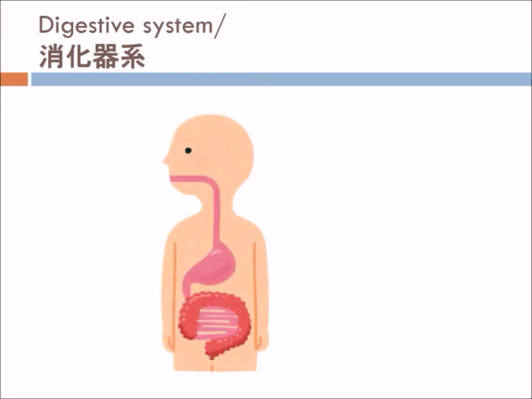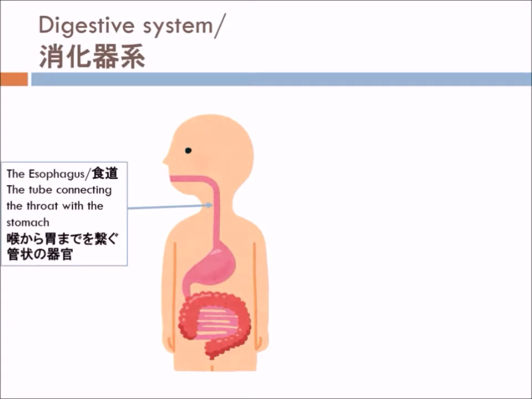Digestive system. The human digestive system consists of the gastrointestinal tract from the oral cavity to the anus, and organs that secrete digestive enzymes. The system digests and absorbs food, takes in necessary nutrients, and excretes the waste product of digestion as feces.